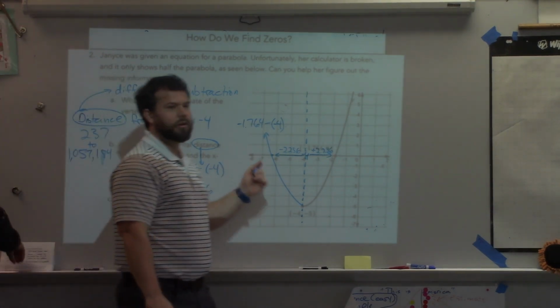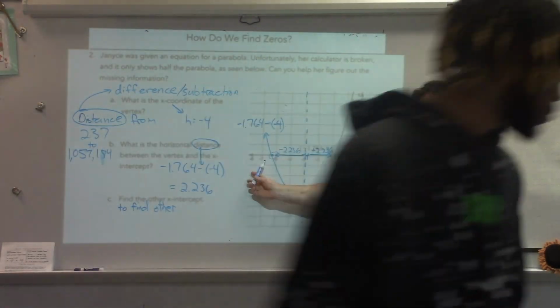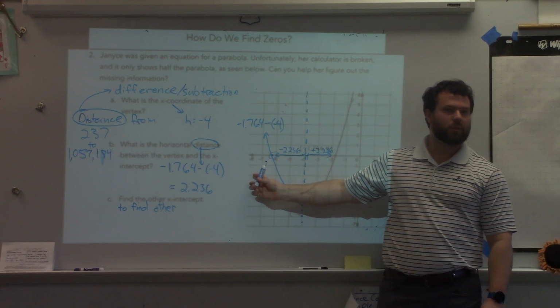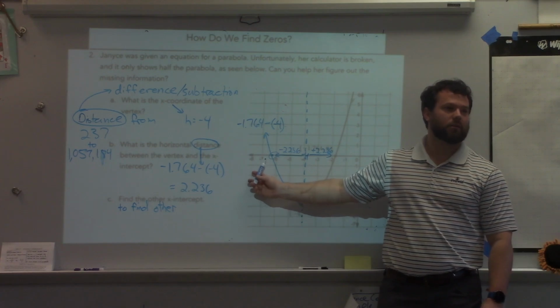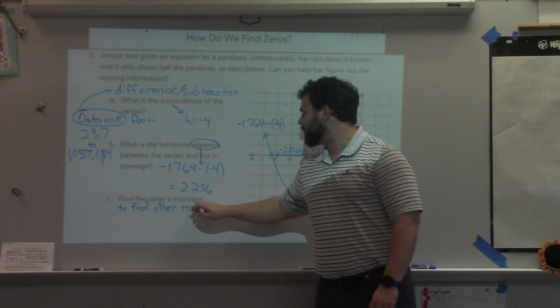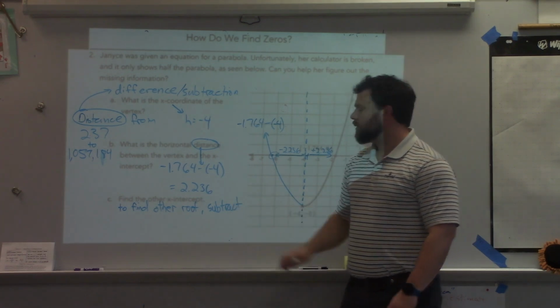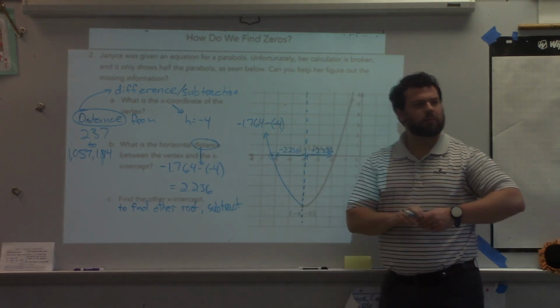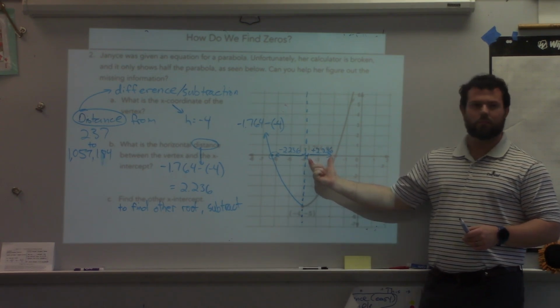hey, by the way, does anyone know what else I could call this point right here besides just an x-intercept? Some other words I could use? Root. I could call it a root, or I could call it a zero. So to find the other root, subtract. What are we subtracting? Yeah, but what is that?